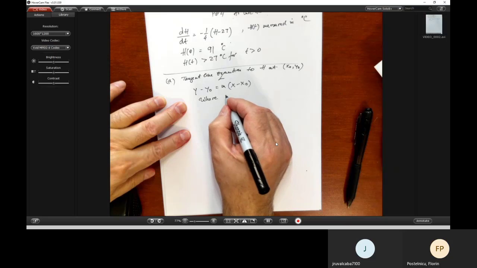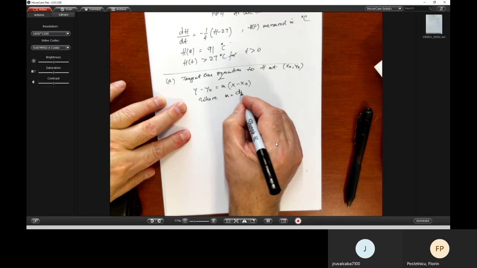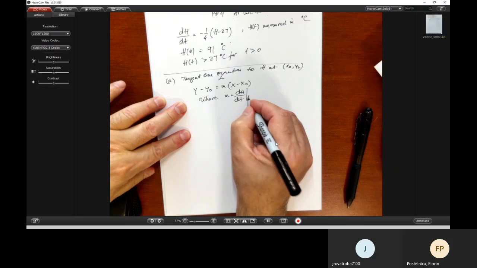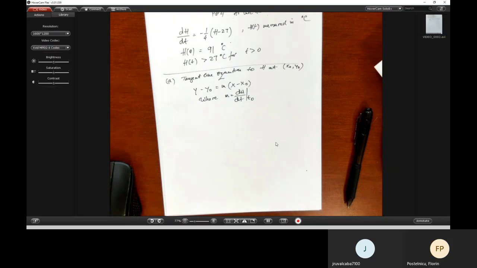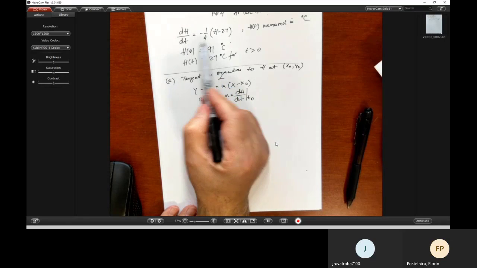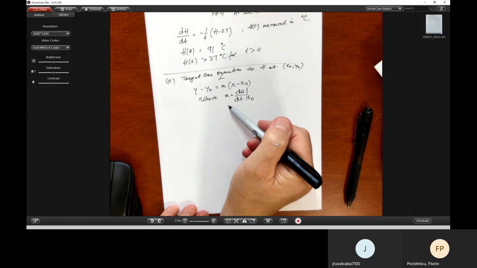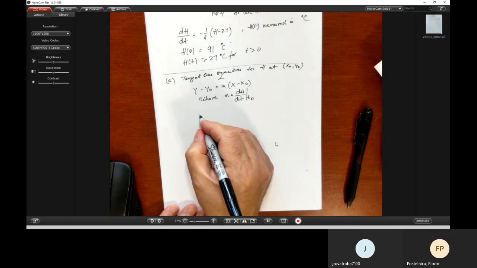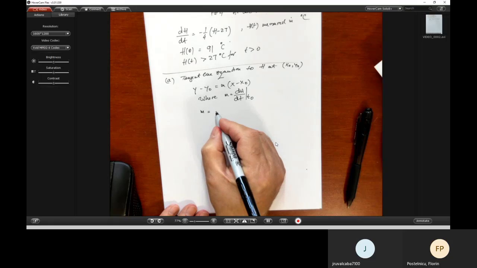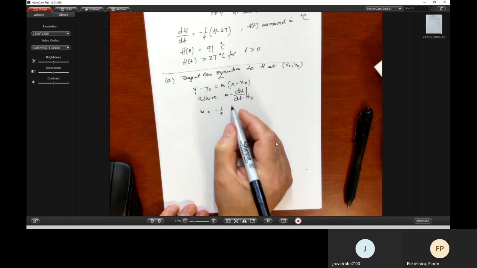Now let's do the work. And notice that the derivative of h with respect to time is already given to us. So I can find out the slope right away by using that differential equation. So m is negative 1/4 times h minus 27 at time t equals 0.